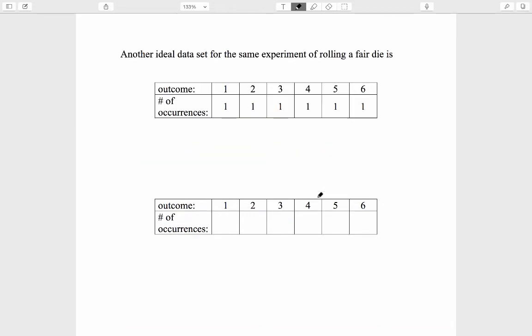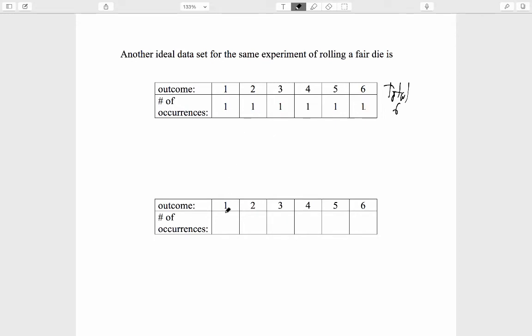For the same experiment, you could write down many different ideal data sets. For example, how about just 6 total rolls of this fair die? If you had exactly 1 of each outcome in 6 rolls of the fair die, well, congratulations, you just produced an ideal data set. Because once again, each outcome has a relative frequency 1/6.